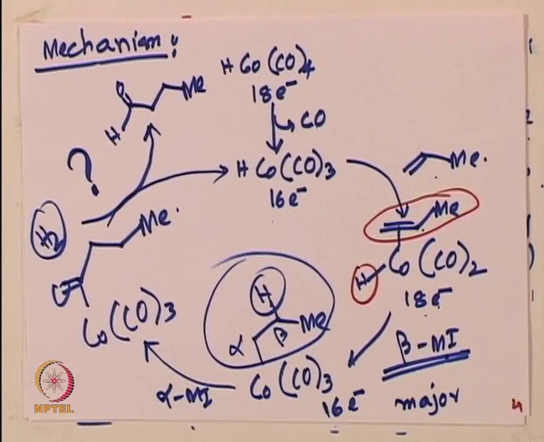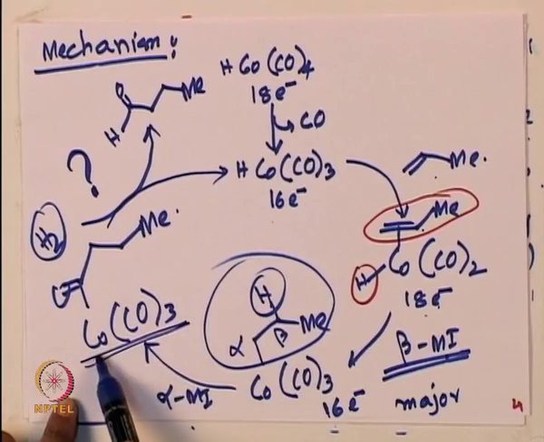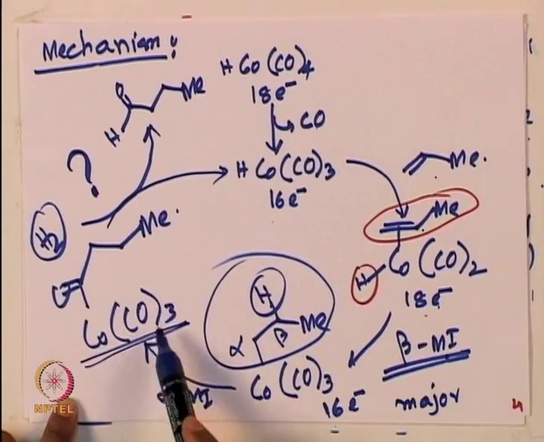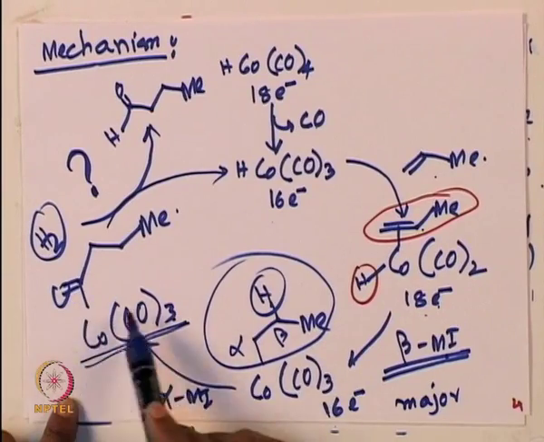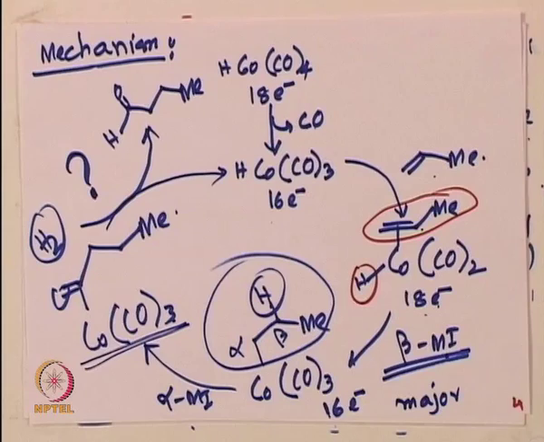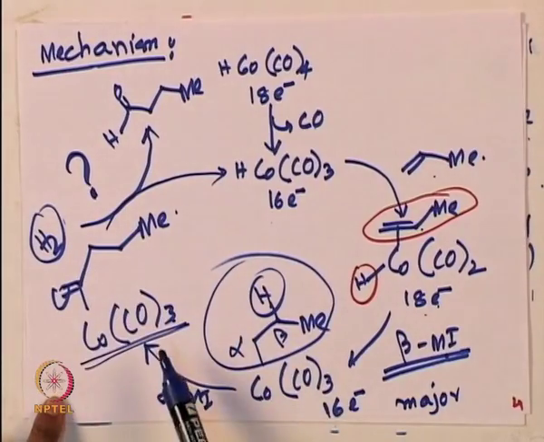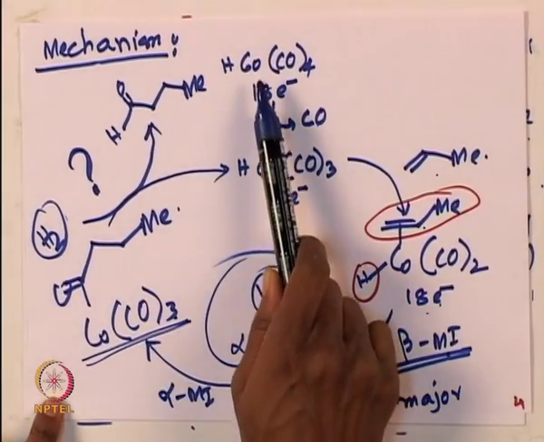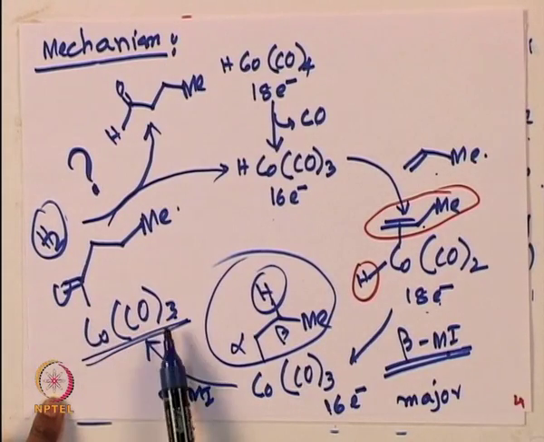So it is very important to understand that this is a completely electron withdrawing, or electron deficient, intermediate. You have 3 carbonyls and 1 acyl unit, so all the ligands are electron withdrawing, and so oxidative addition into the hydrogen will be difficult. What you have seen here is that the cobalt complex gives rise to an intermediate which is completely electron deficient.